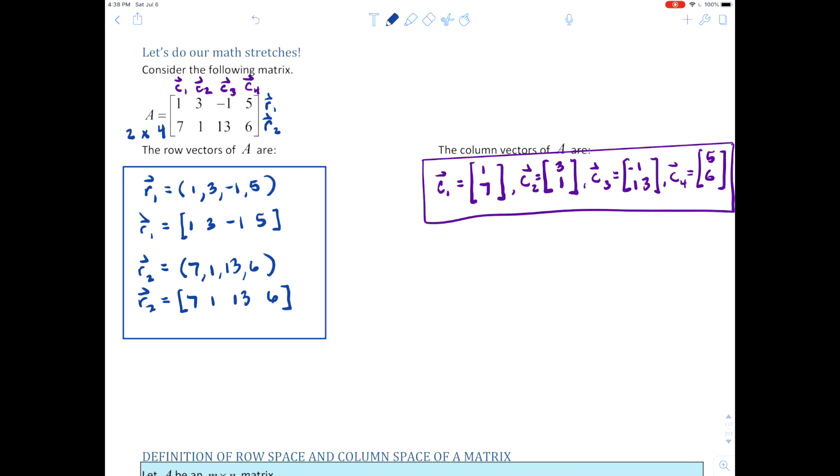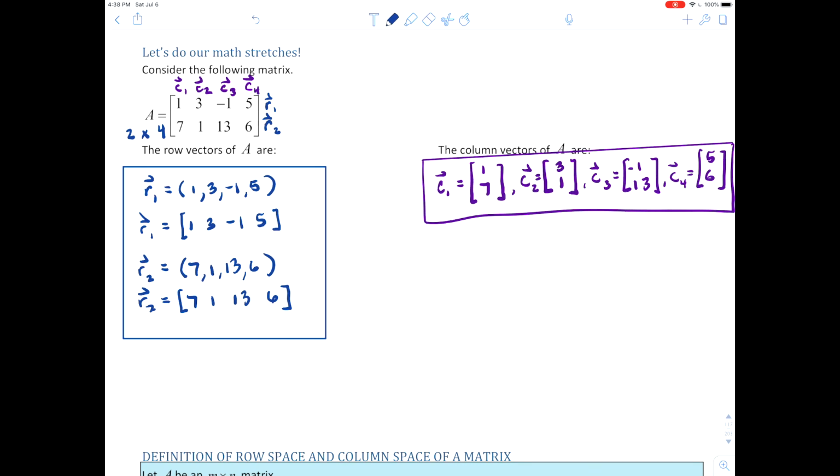So to clear up any confusion about the Rn and Rm stuff, notice that for our row vectors, we had 4 components, because there are 4 columns represented in each row.